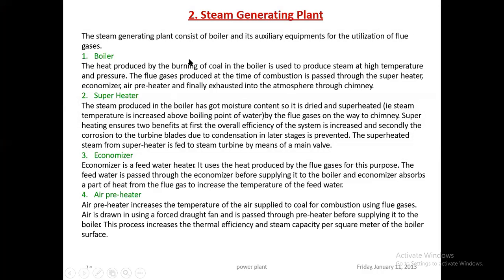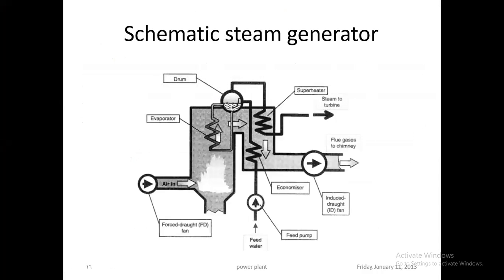Steam generating power plant, we have discussed about the boiler, superheater, economizer, and air preheater. These are the four parts that we have discussed in the previous steam generating power plant. Steam generator, you already discussed that. We have already discussed that in a steam power plant, air is taken in to increase the heat at this level.